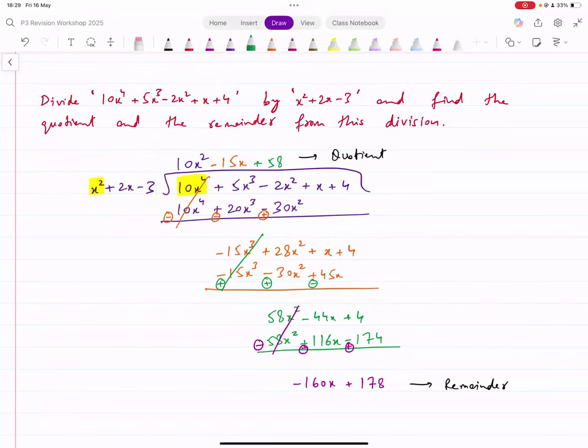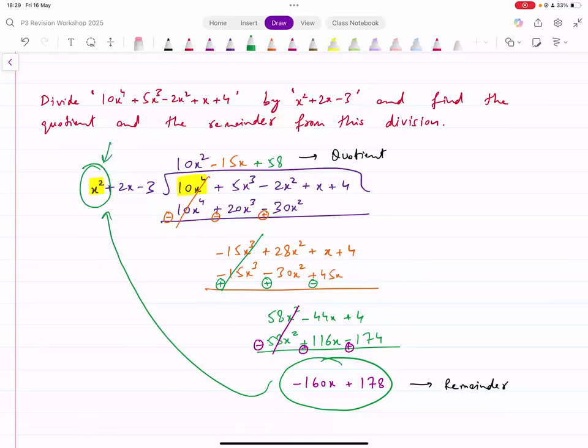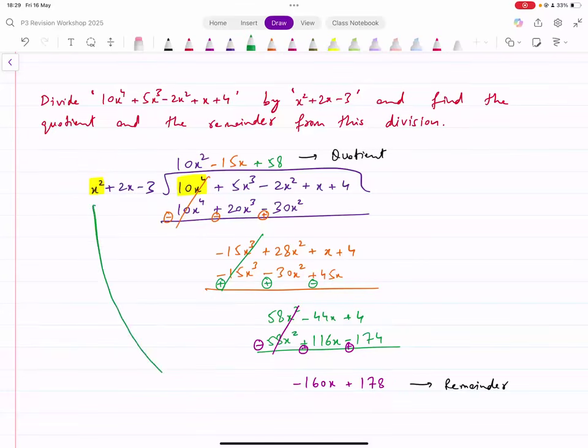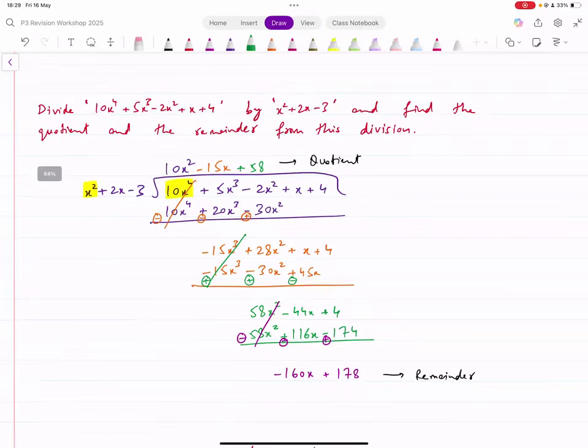In this case, we stopped when we got this expression. So the remainder does not necessarily have to be a number. It could be an expression like this as well. You have to stop when the power of the remainder becomes smaller than the power of the divisor, because then you can't go any further. X squared will have to be divided by something to get this. You can't do that. You stop at that point and you say this is the remainder.